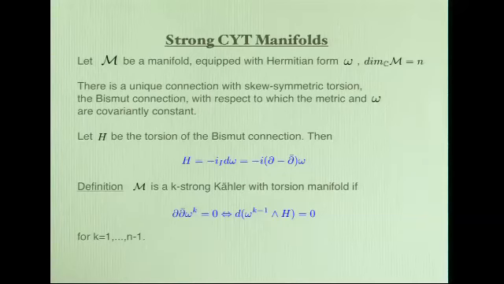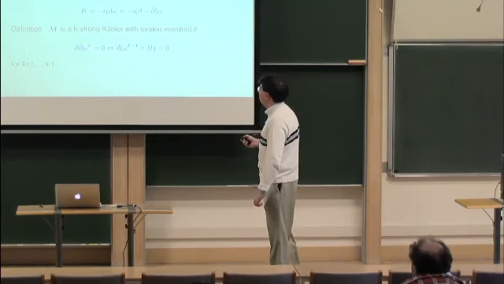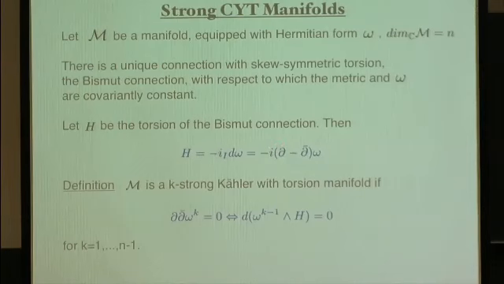And if we call H the torsion of this connection, then there's a very simple and nice relationship between H and the exterior derivative of the Hermitian form omega as follows. H is just the contraction of d omega with the complex structure, and you can rewrite those in terms of these derivatives, minus i (partial minus partial bar) omega. So the first definition is as follows.